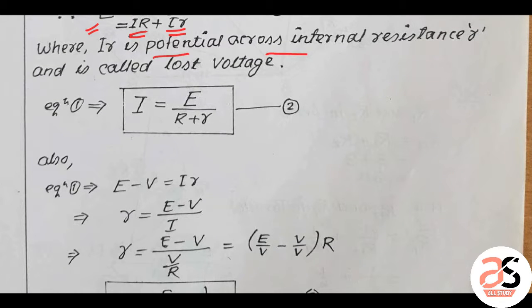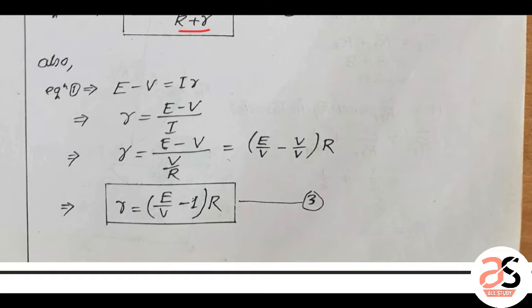Ir is the potential drop across internal resistance small r, and is called lost voltage. So here I can be calculated. I is EMF divided by total resistance, which is R plus r, external plus internal.